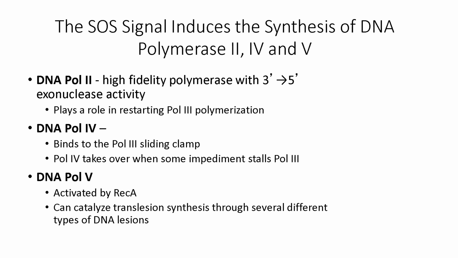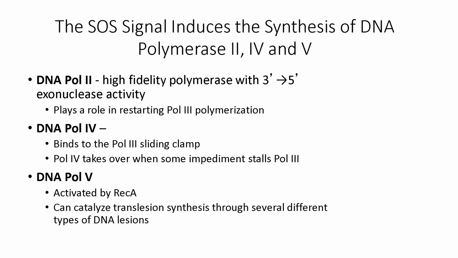During the SOS response, E. coli induces several DNA polymerases. DNA polymerase II is a high-fidelity enzyme that helps restart stalled replication forks. Polymerase IV binds to the sliding clamp and takes over synthesis when DNA polymerase III is blocked.